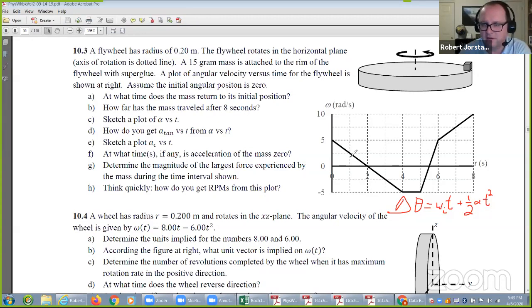And alpha is the slope, because I have an omega t plot, alpha is the slope. So hopefully that's pretty intuitive. And I see there's a chat. I'll be right there. Okay, so alpha is the slope. And notice it's a negative slope, so you'd have a negative number in there. And omega initial is 5 in this case. So you could do it that way.